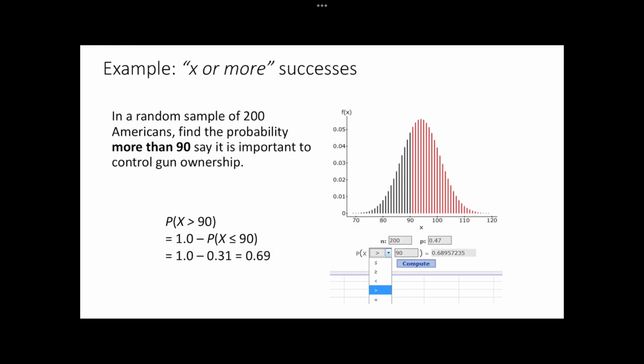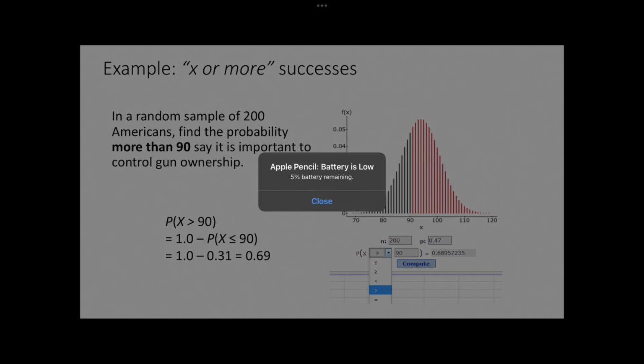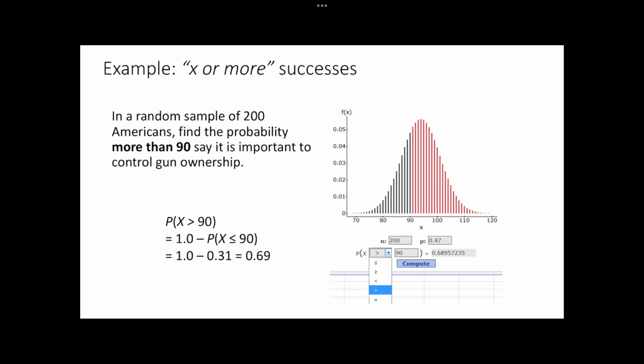What if I want the probability that more than 90 say it's important to control gun ownership? Well, remember, in a probability distribution, the sum of the probabilities must total 1. So that means if I want to know the probability that X is bigger than 90, well, that's the complement of X being less than or equal to 90.